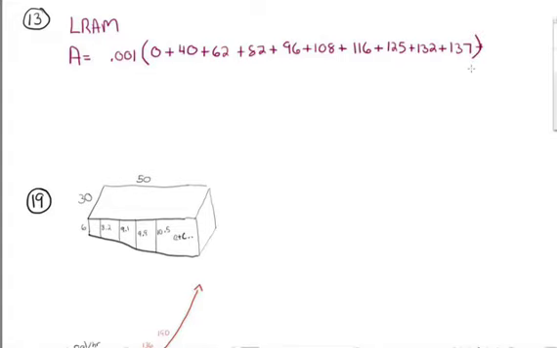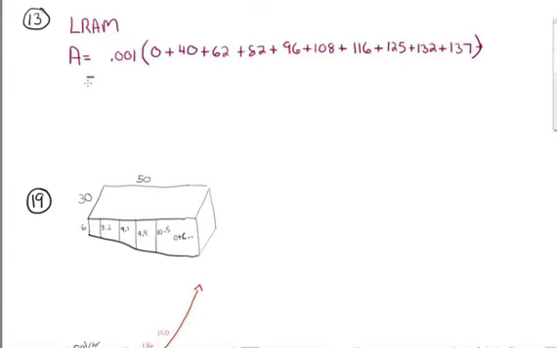So let me grab my calculator, because why not? So I've got 40. I don't need to read these to you. I'm going to be silent. So I did that really quick.